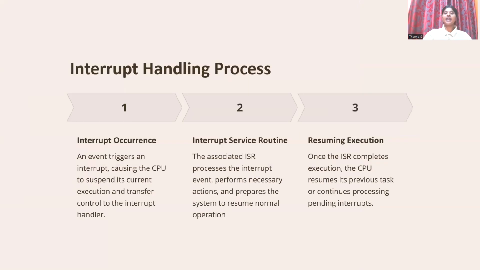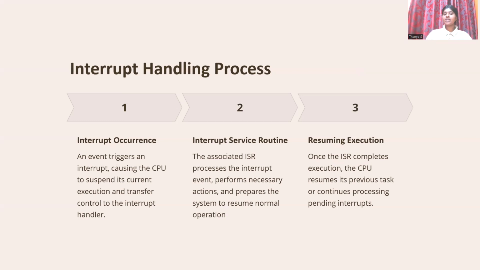Next is interrupt handling processes. There are three handling processes mainly: interrupt occurrence, interrupt service routine, and resuming execution. In the first one, an event triggers an interrupt, causing the CPU to suspend its current execution and transfer control to the interrupt handler.